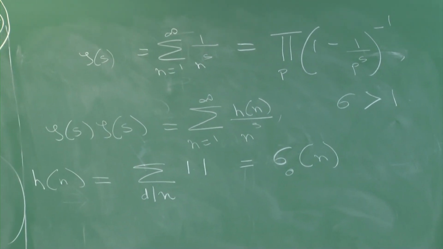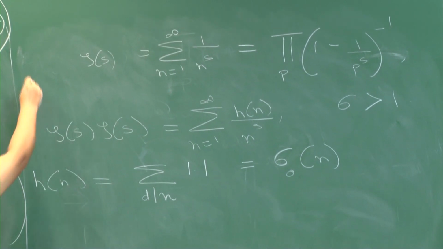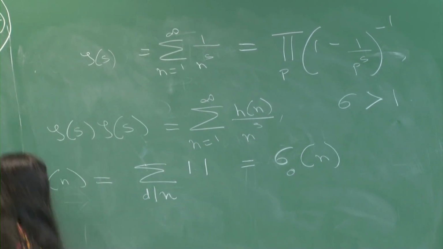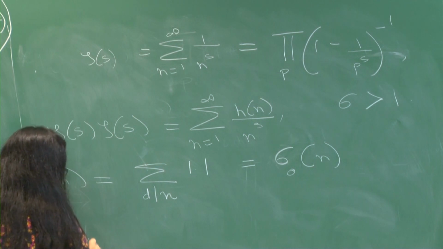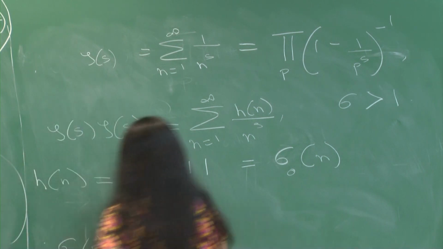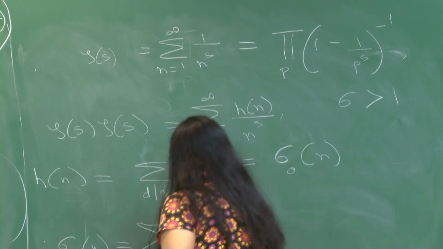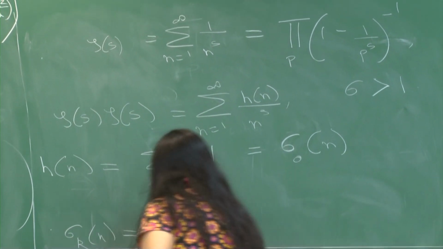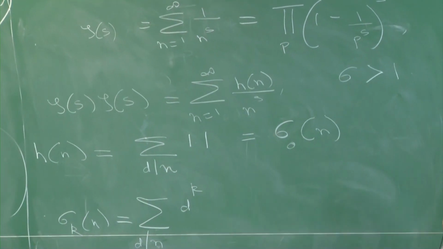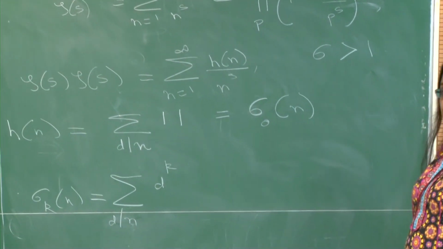So, in general, suppose you have sigma sub k of n, this is equal to the sum of d raised to the k, where d runs over all the positive divisors of n. So, what is this actually equal to?